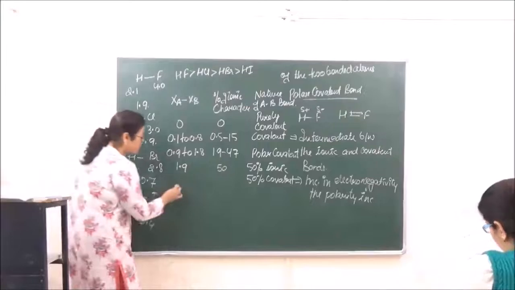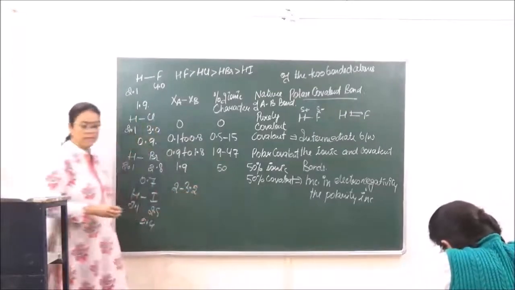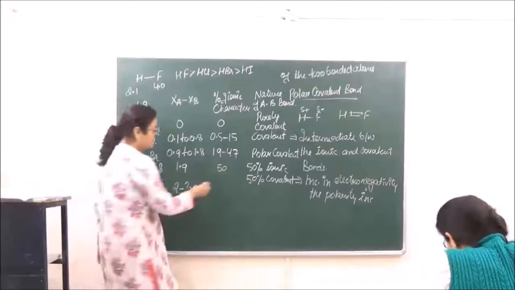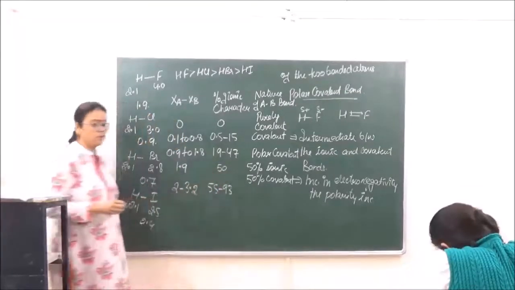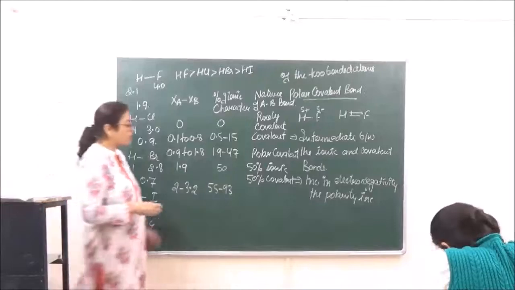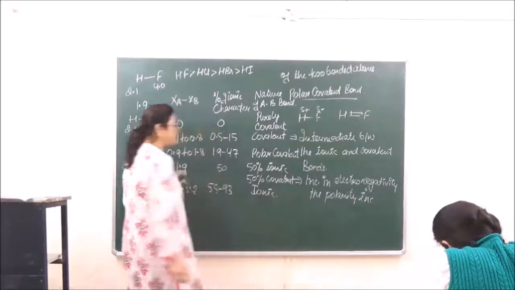And if the electronegativity difference is anything between 2 and 3.2, then the ionic character can range from 55% to 93%. In this case, the bond is going to be predominantly ionic.